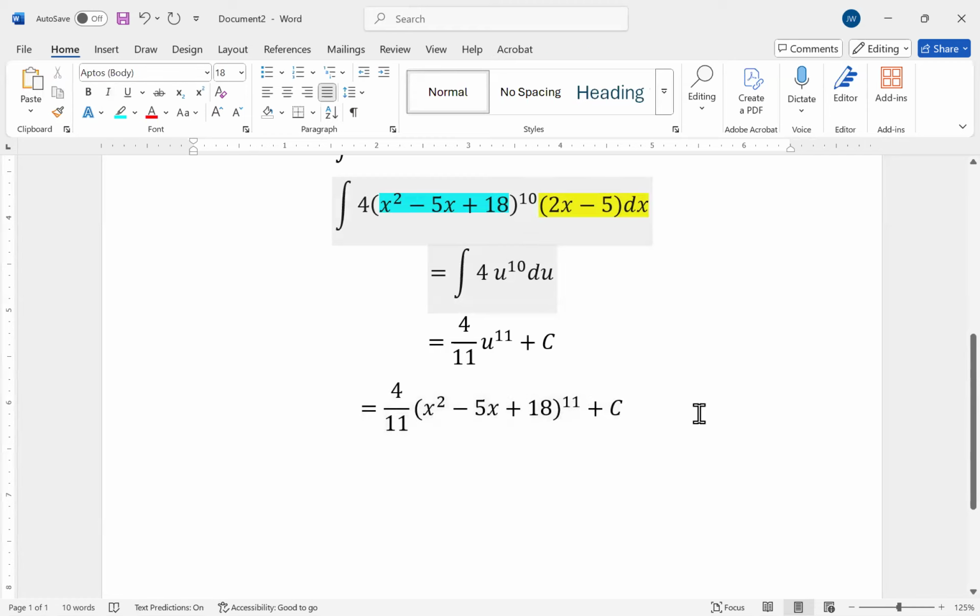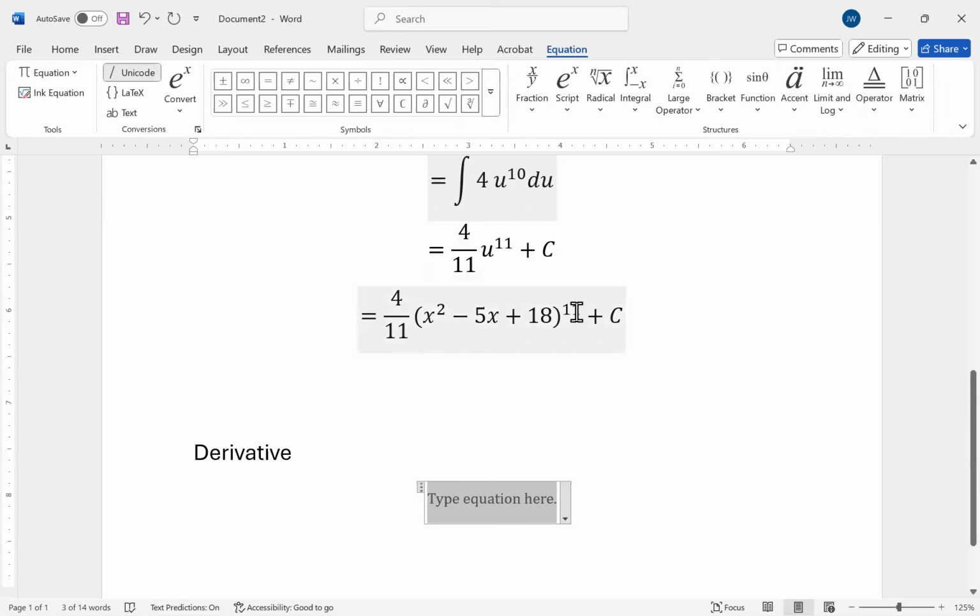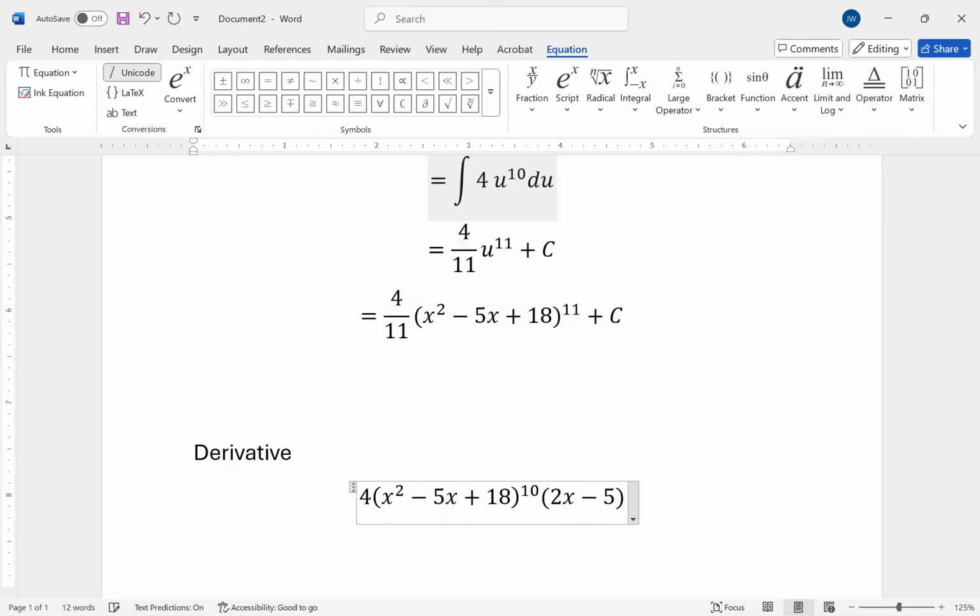And by the way, you can check that by taking a derivative as well. If I took the derivative, the 11 would come out front. We would get 4 times x squared minus 5x plus 18 raised to the 10th power. And then I'd have to multiply by the derivative of the inside function, which would be 2x minus 5.